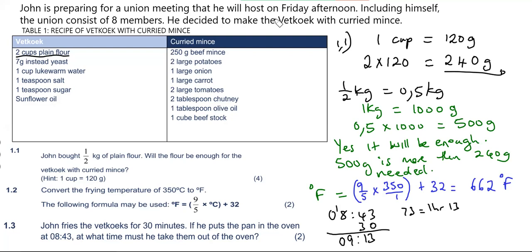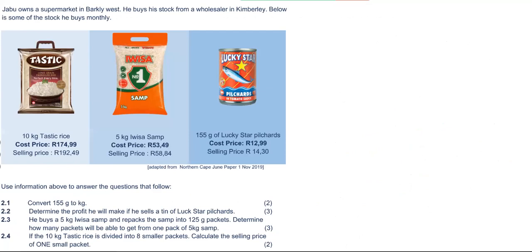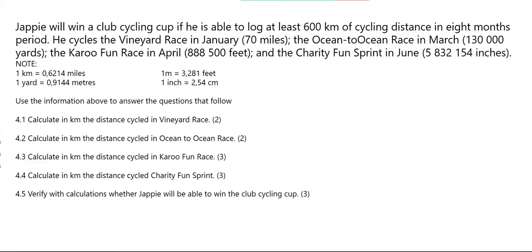I've left some questions here for you to practice. You can practice with these 2 questions and send the answers. Just a hint, because you are converting kilometers of distance. Let me read this. JP will win a cycling club if he is able to log at least 600 kilometers of cycling distance in an 8 month period.